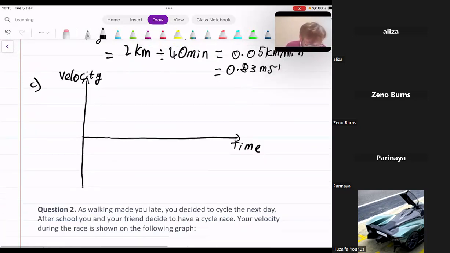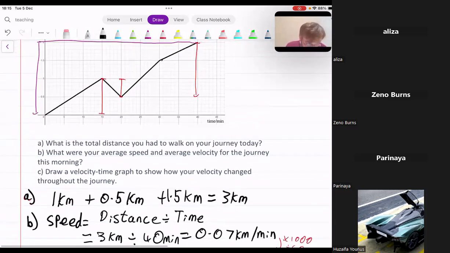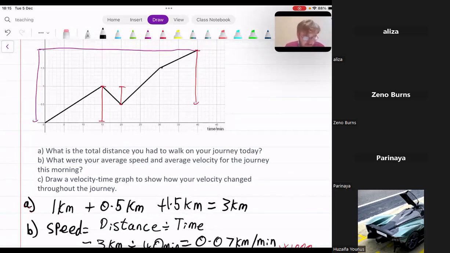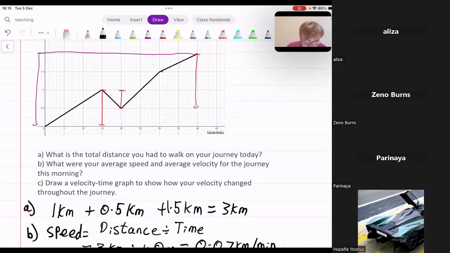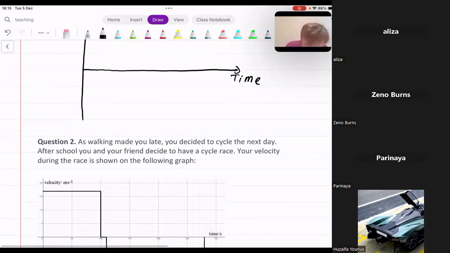Now, this is just going to be a sketch. So let's look at some important times so we can mark them on. The whole journey takes 40 minutes, so the maximum time is 40. We'll say time is in minutes.